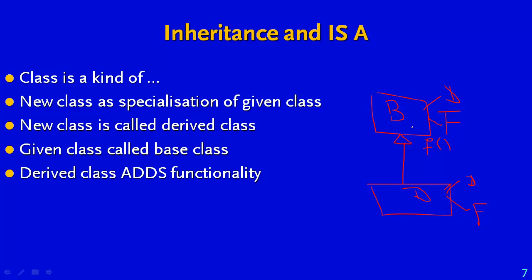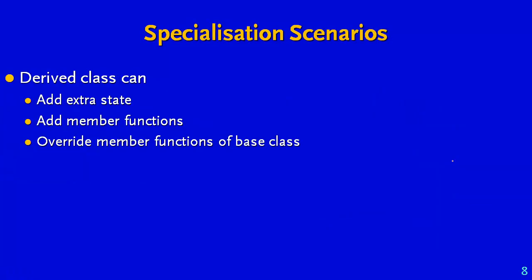It's defined in B, and I decide to override it, rewrite it in the derived class. So when I call an object of a derived class, later on you want to know, does it call the f function in the derived class or in the base class? So certain functions in the base class are going to be overridden.